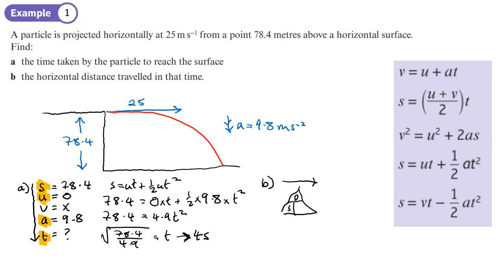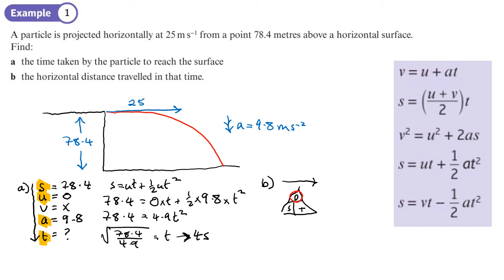Speed, distance, time. Okay, so I'm trying to find the horizontal distance. We just need to take care that it's d that we use for distance, not s like we use for the SUVAT equations for displacement.